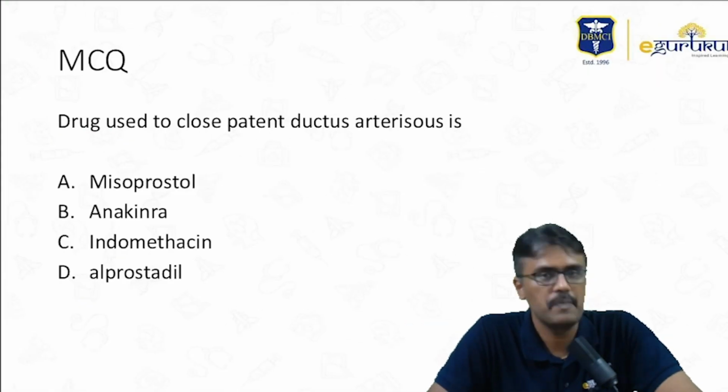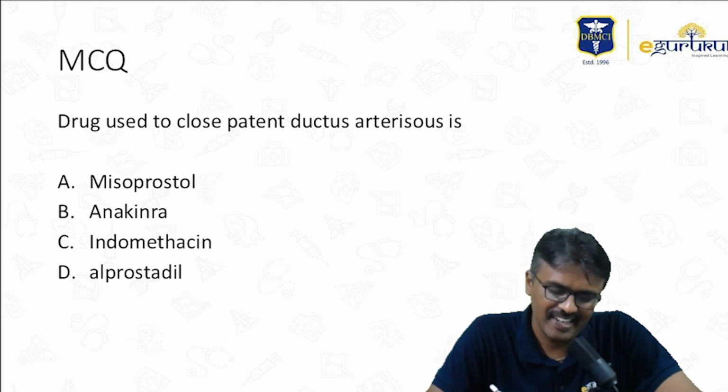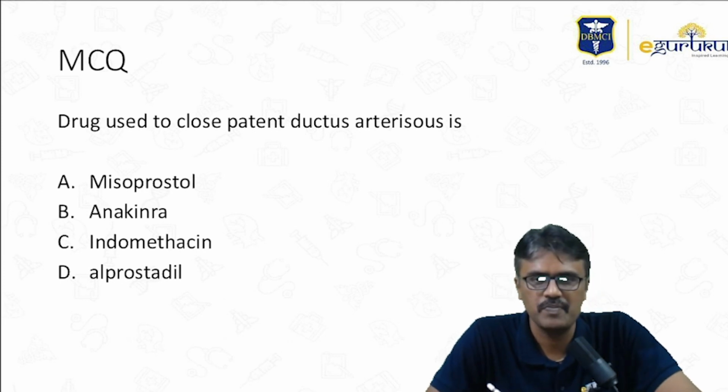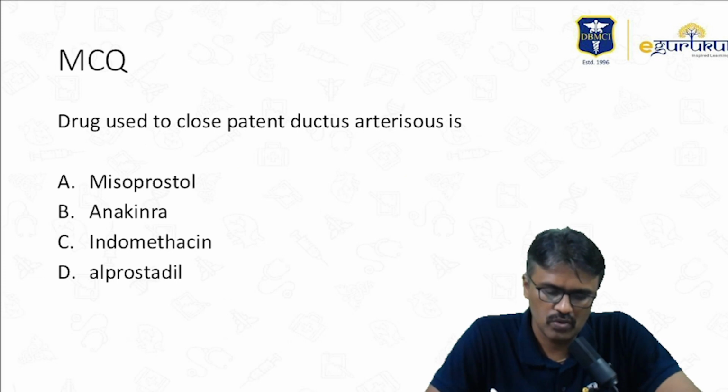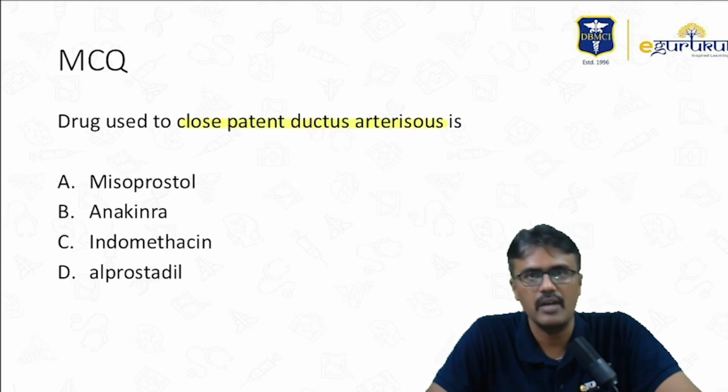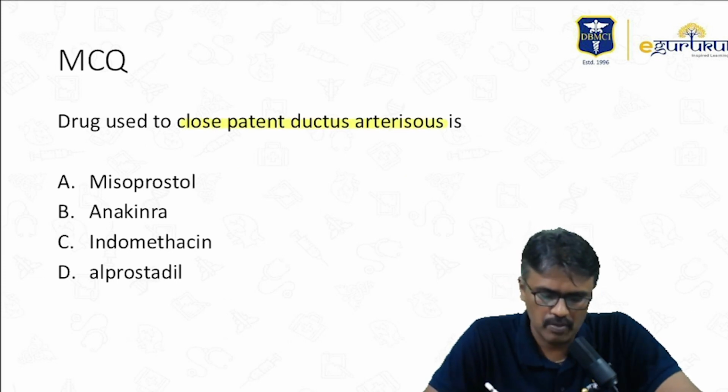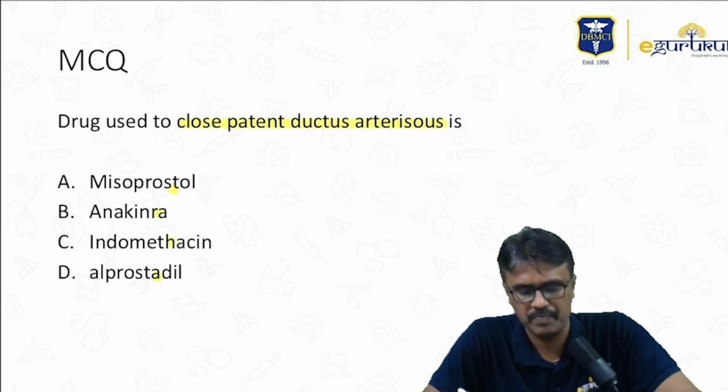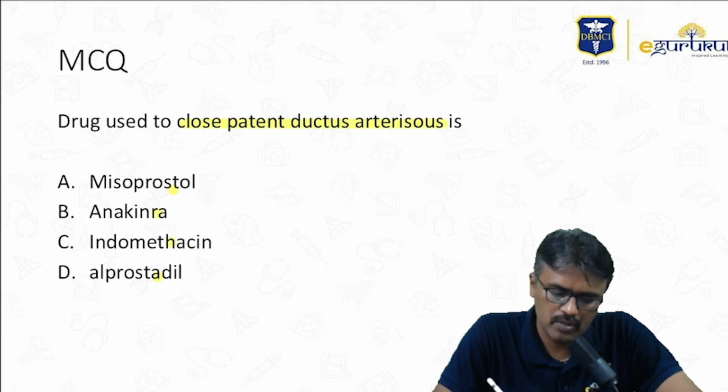Now moving on to the next question, it is the drug used to close patent ductus arteriosus: misoprostol, anakinra, indomethacin, and alprostadil. Now remember, the misoprostol is a prostaglandin, particularly it is a PGE1 analog.